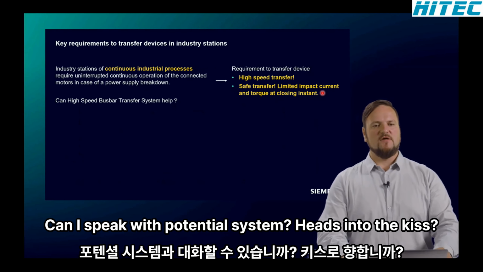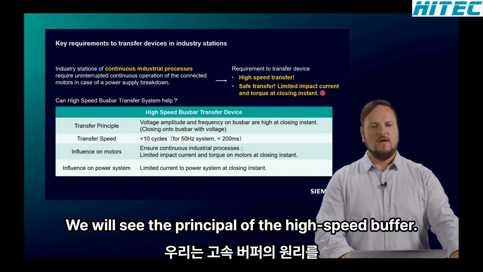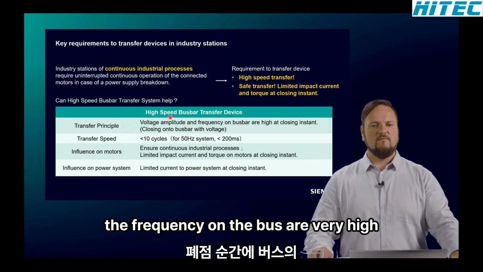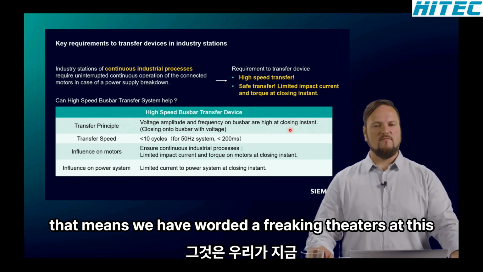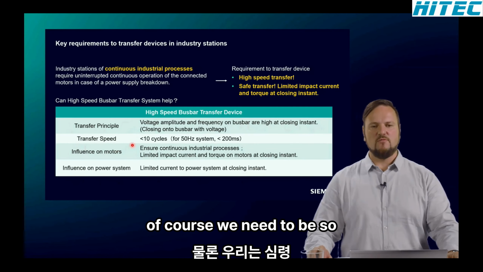Can a high-speed busbar transfer system help in that case? We will see. The principle of the high-speed busbar transfer is that the voltage amplitude and the frequency on the busbar are still high at the closing instant. That means we still have voltage and frequency at this time. So that means we need to be faster. Of course, we need to be faster.